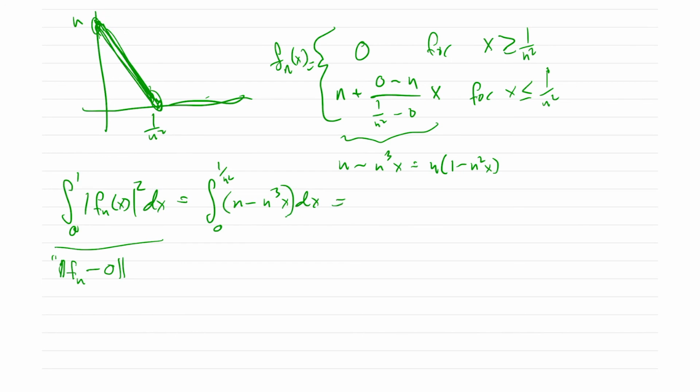Then we can just go ahead and compute that. So we're going to have n times 1 over n squared minus 0 minus n cubed times x squared over 2, evaluated at 0 and 1 over, oh man.